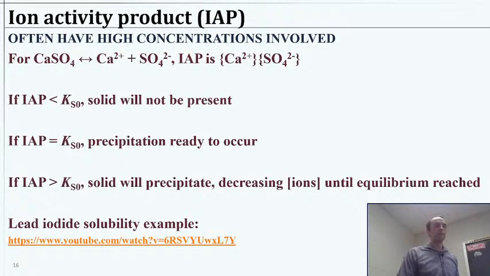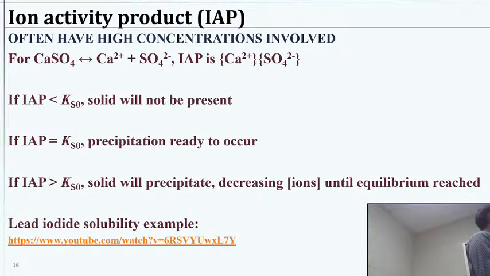There's another concept that's pretty useful, and that's the ion activity product. So when we're dealing with something like a salt or something that may or may not be dissolved, with a condition where we're potentially precipitating something, there's a decent chance we're at a fairly high concentration.